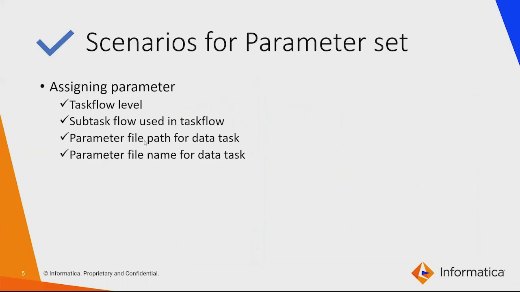I will probably show you further in the slides, but that's how you can avoid the override. I mean, you can avoid any hard coding over there. Otherwise, there is no way that you can avoid the hard coding of the parameter file path as well as the file name.